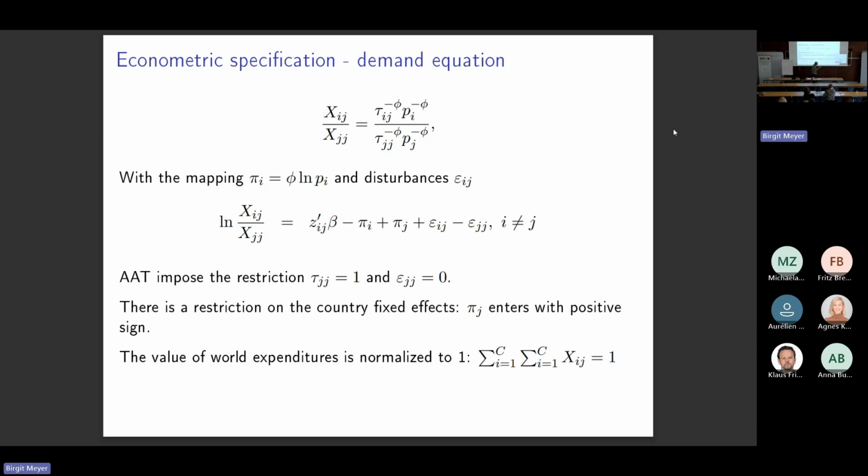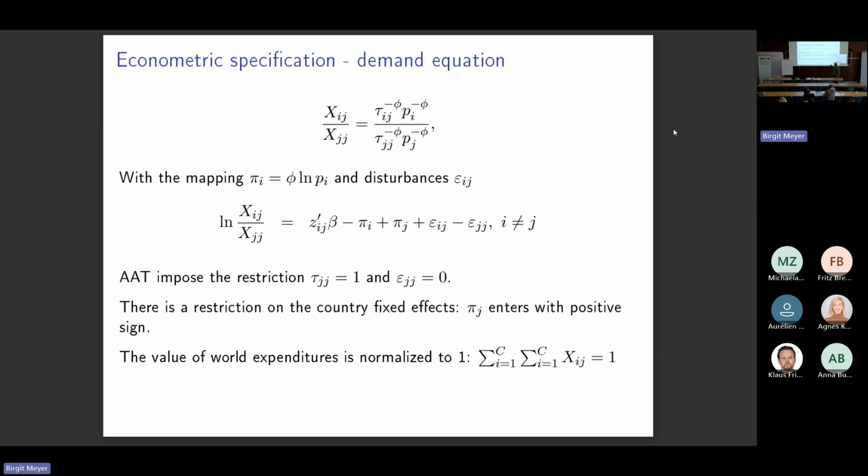So the resistance terms with respect to the importers, the inward resistance term, is eliminated. What is left is the relative trade costs up here and the relative prices up here. Okay, and they went for logs. I will tell you later on why they went for logs. They had good reasons for that.